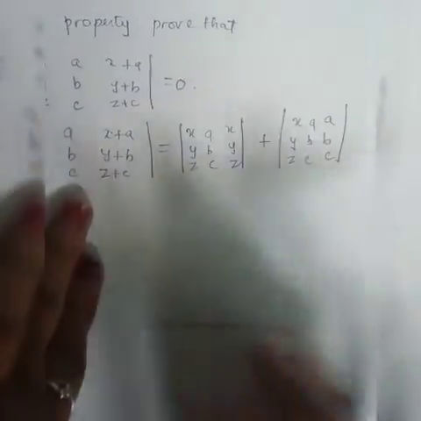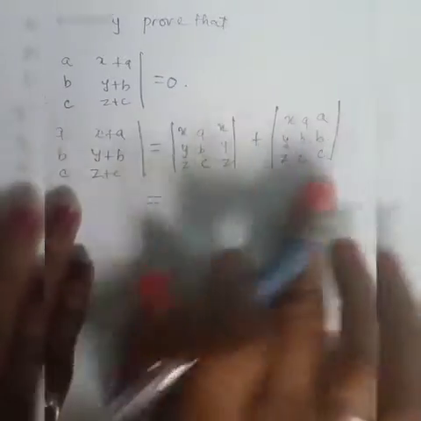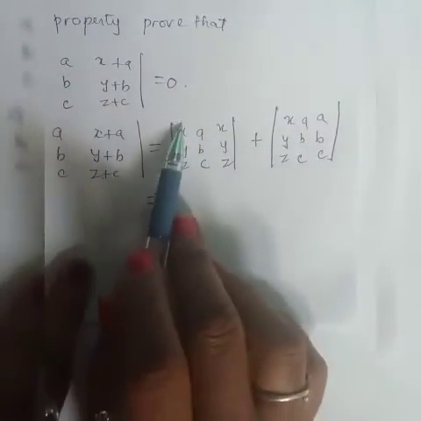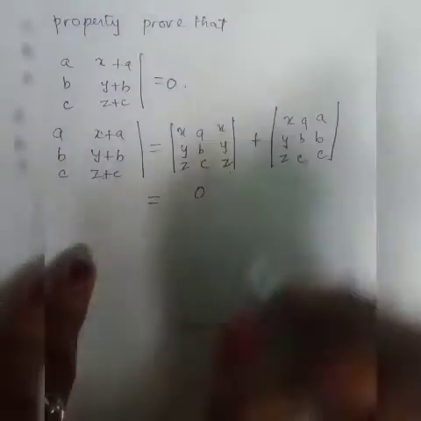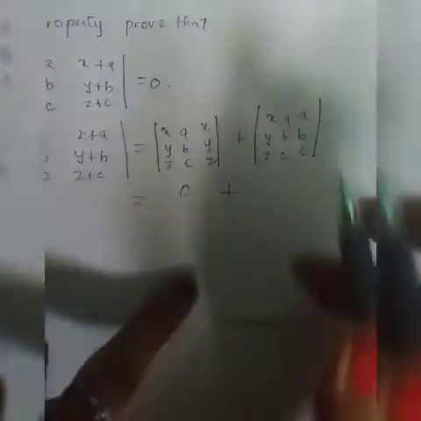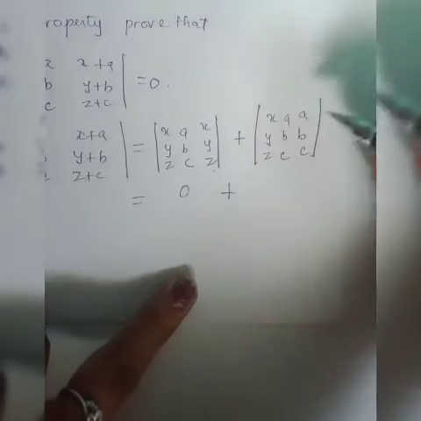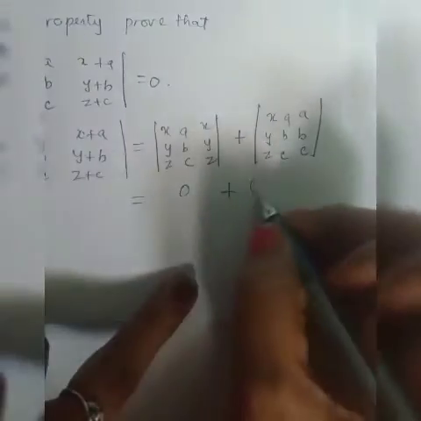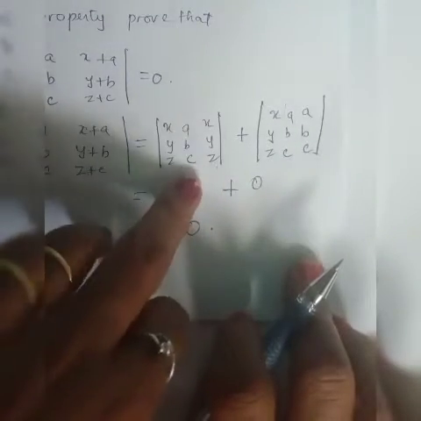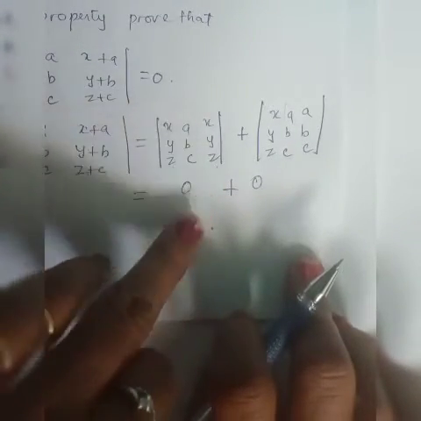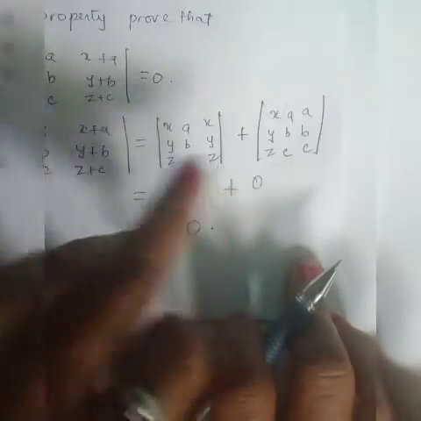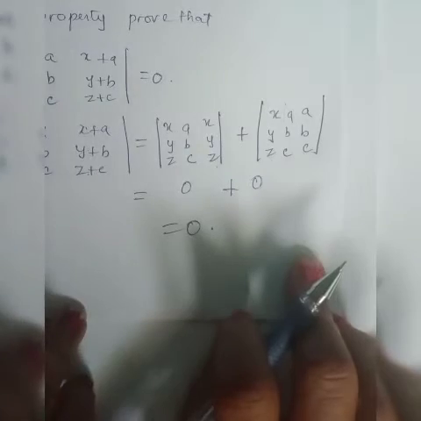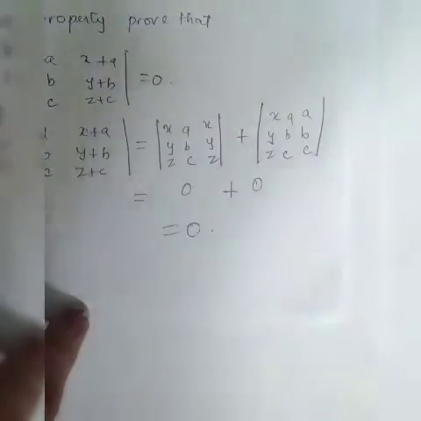Now look at the two determinants. Here columns C1 and C3 are identical, so it is 0. And in the second determinant, columns C2 and C3 are identical, again it is 0. Hence it is 0. This is the property that if any two rows or columns of a determinant are identical, then the determinant value is 0. So I am using this property.